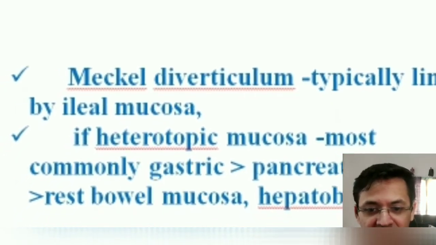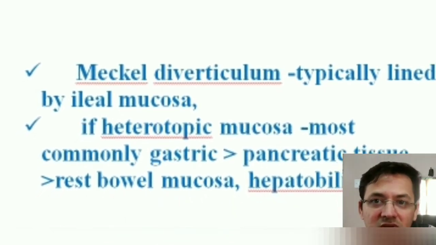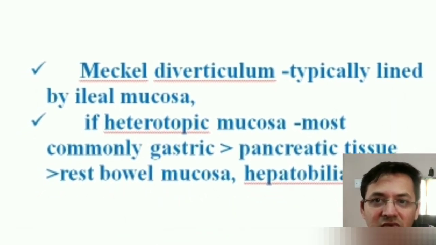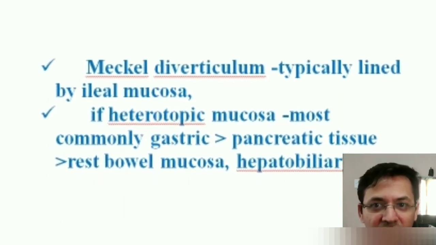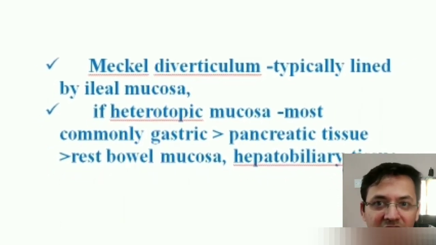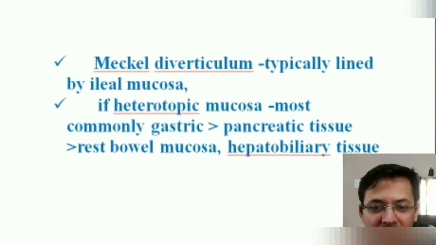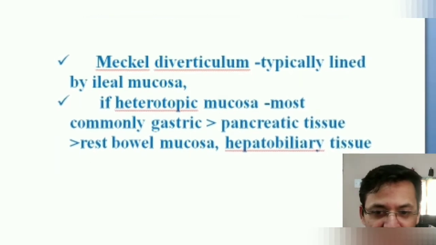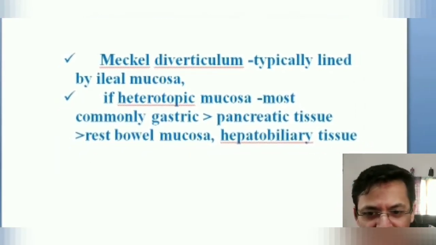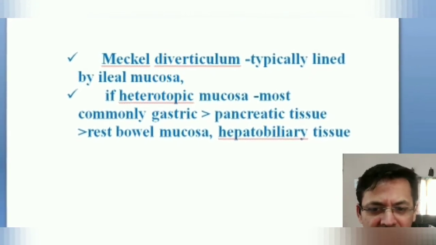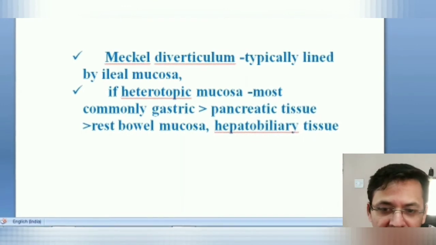That requires a detailed workup to search for the site of GI bleed, that is heterotopic gastric mucosa, where a 99m technetium pertechnetate scan will help. In less common cases, heterotopic mucosa would be from pancreatic tissue or other bowel mucosa, say duodenal, jejunal, rectal, or sometimes hepatobiliary tissue as well.